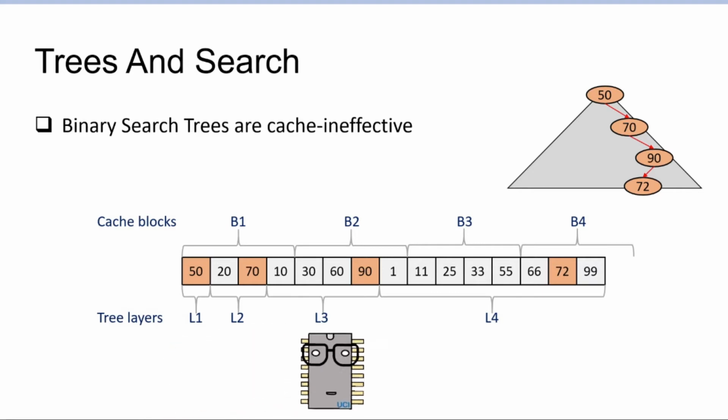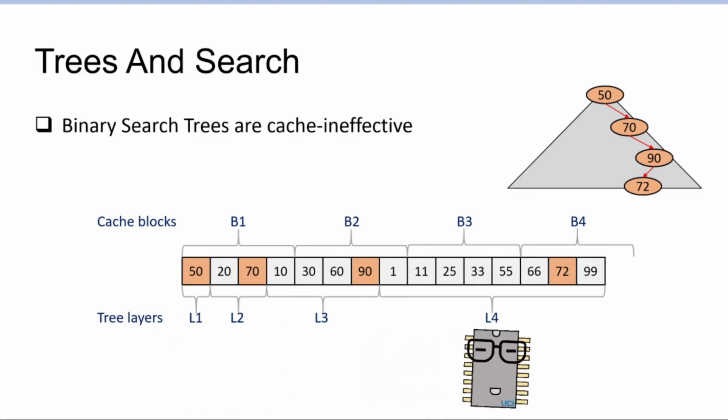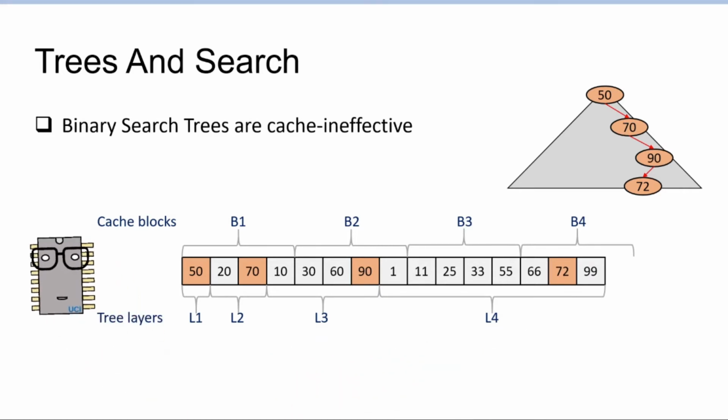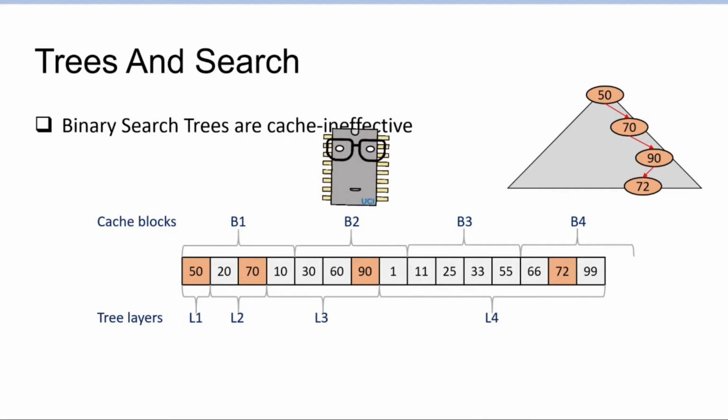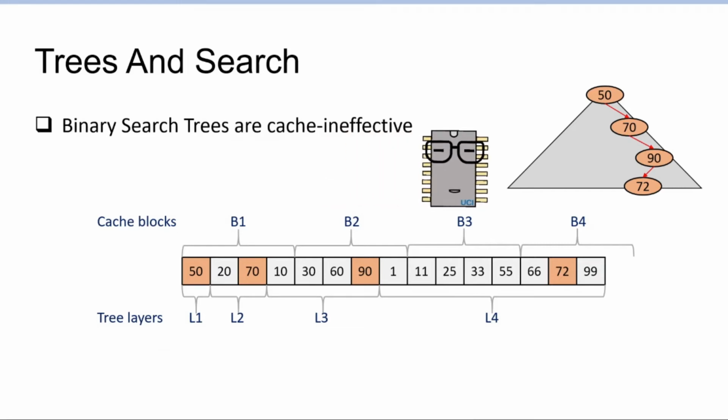Level 2, level 3, level 4, and so on. It's laid out in memory in this manner. If you superimpose the organization of cache lines on top of this, cache lines would be uniform in size: block 1, block 2, block 3, block 4, and such.